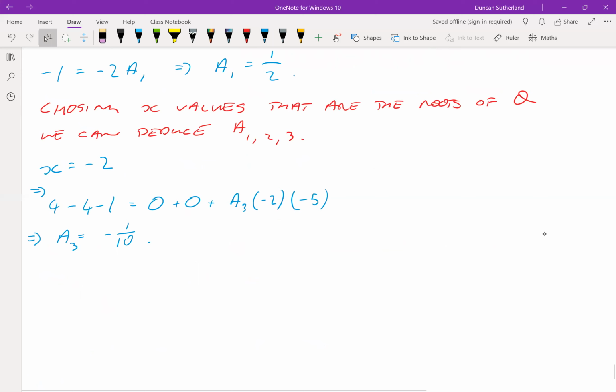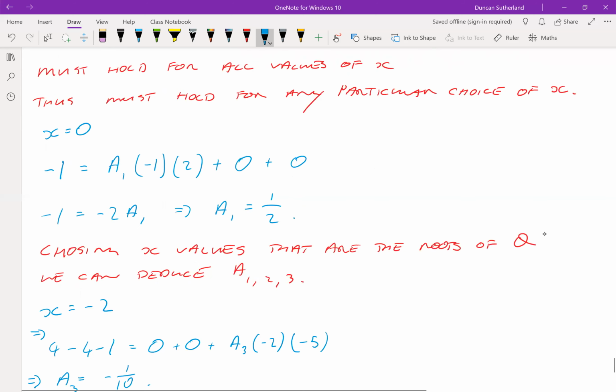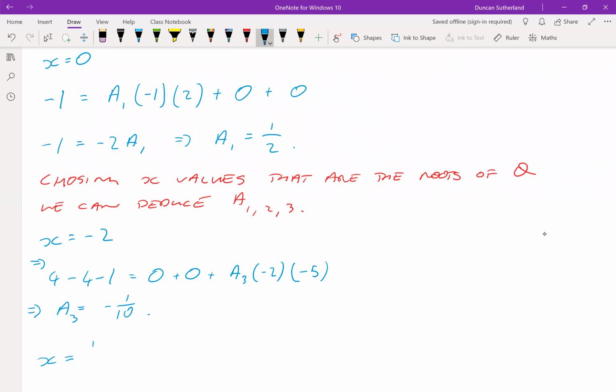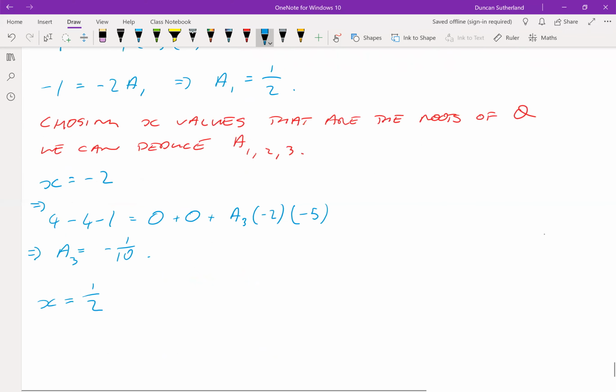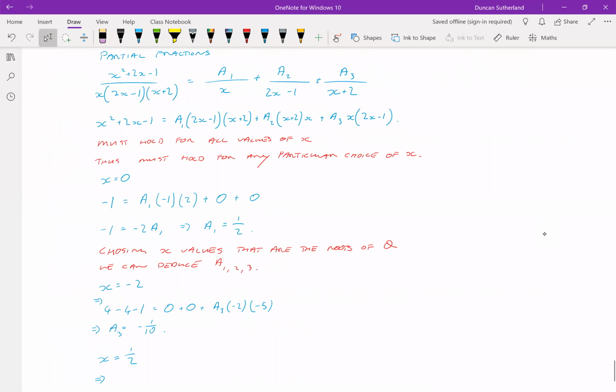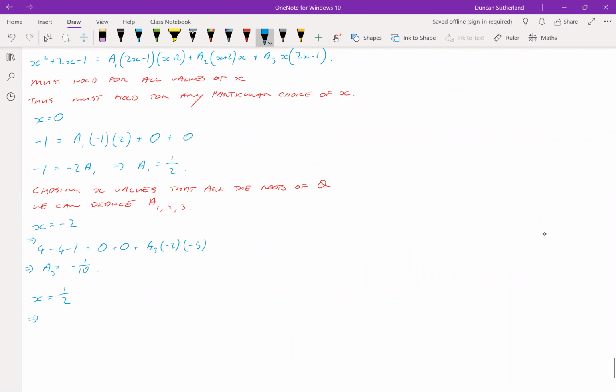And finally, we've got the other root, which is x equals 1/2. And if we do that, we should find that A2 equals 1/5. Let me zoom out because I can't see anymore.